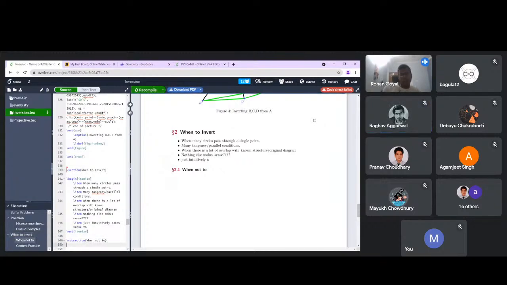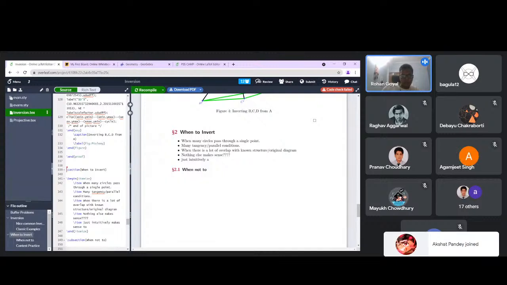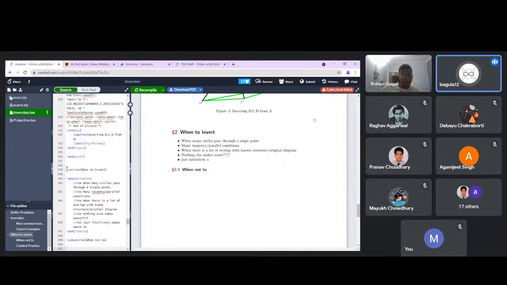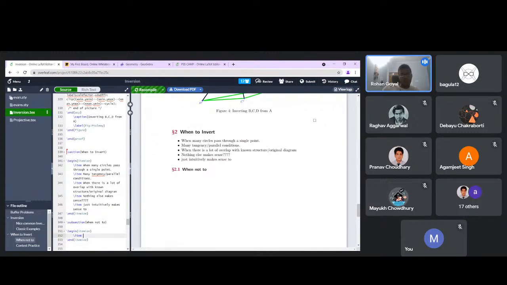I don't think you can say only solved by inversion, because you can literally repeat the whole argument with angle chase, because every argument of inversion is angle chase. So you can go through it in the reverse direction as well. And also there are possibly some problems which don't seem to work with inversion, but there exists a magical solution with inversion. That is just your intuition. It will tell you if you practice more and more when it seems to be good, when it seems not to be good.